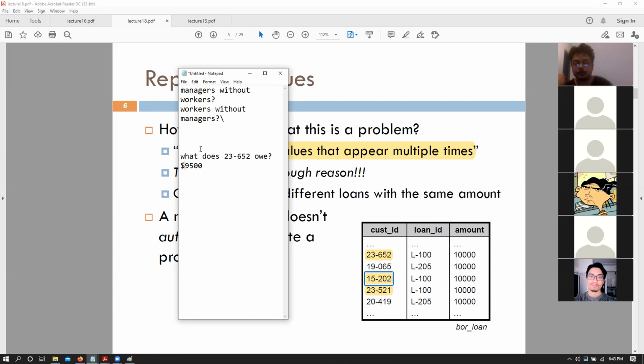Would we have to update one tuple or would we have to update 3 tuples in this scenario? In this borrowed loan table, 3 tuples or 1 tuple? How many tuples would we need to update? Because 15202 decided to pay off $500.